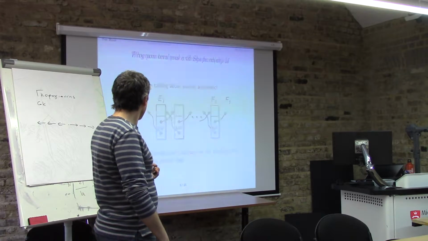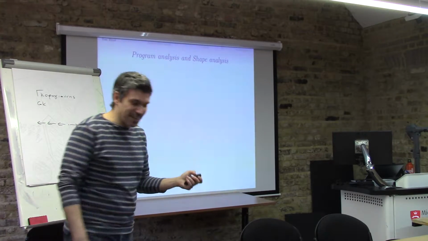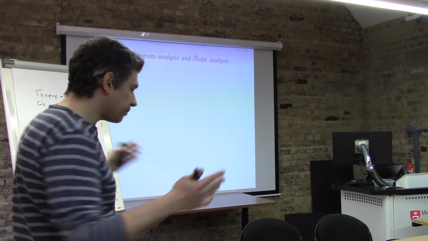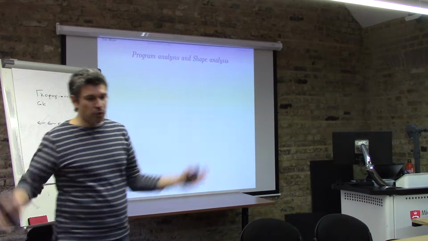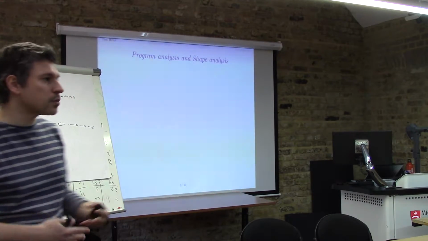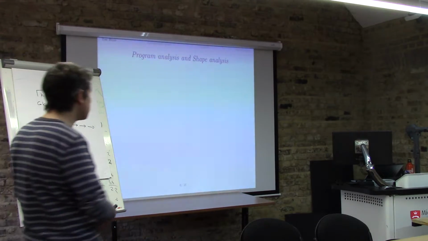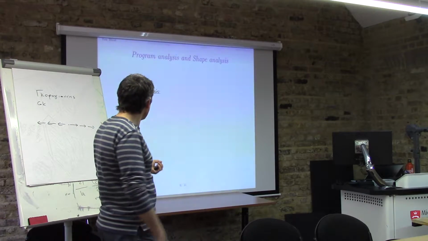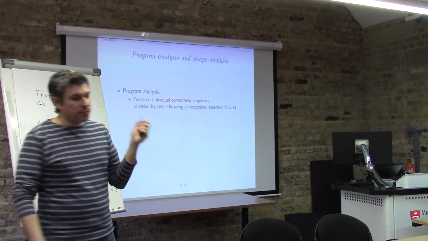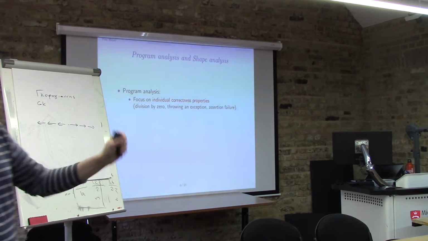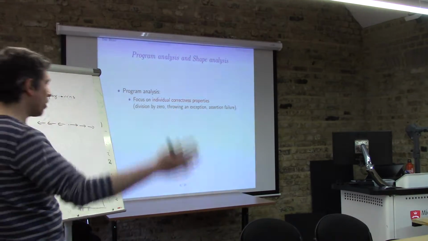Anyway, focusing a little bit more, within the field of formal verification there is what is called program analysis and shape analysis. Program analyses are algorithms that focus on proving one individual property, as opposed to, say, functional correctness of some code.